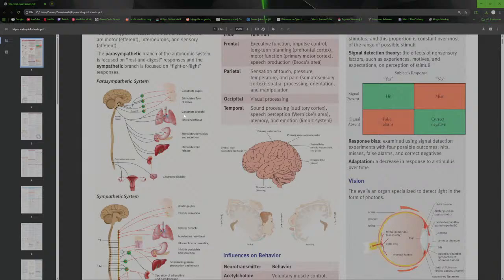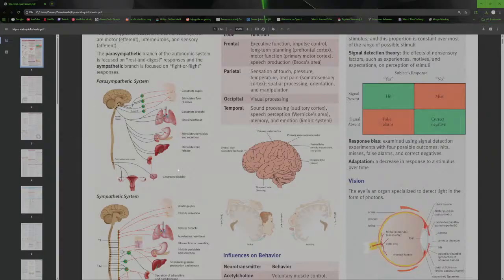We will constrict our bronchi because we don't need them relaxed, since we're not exerting ourselves and don't need the larger surface area. We don't need our heartbeat to be fast if we're just relaxing. It stimulates peristalsis and secretion, functions of digestion that we'll probably talk about later, which makes sense why it correlates with the rest and digest system. Stimulates bile acid, same component, but for lipids.